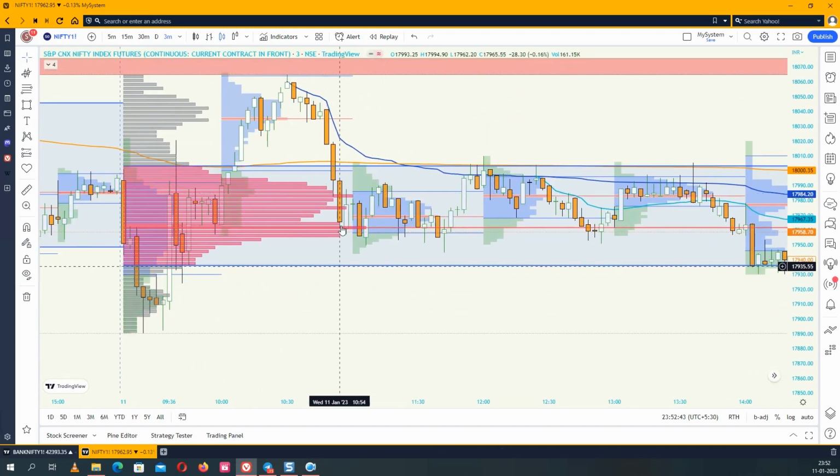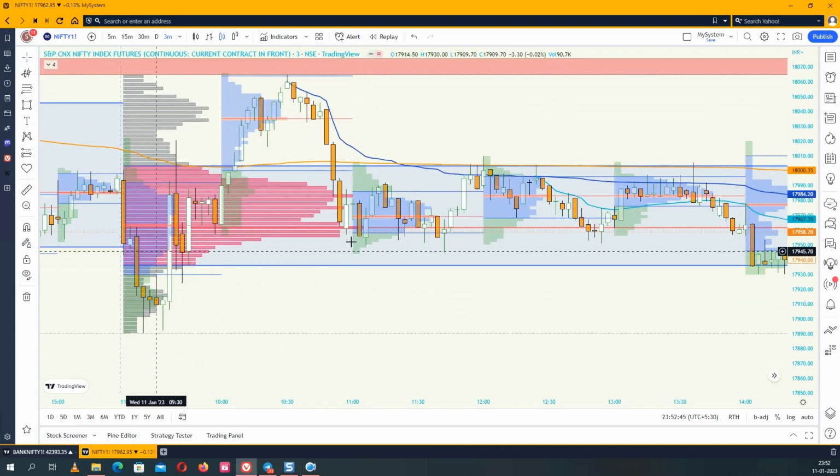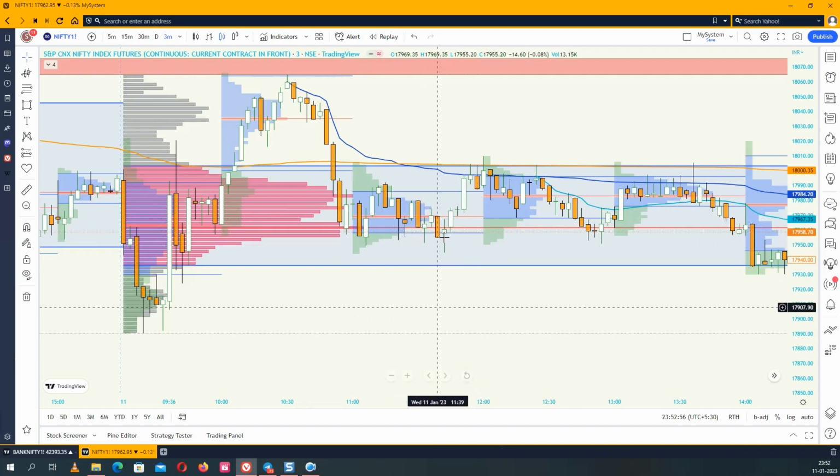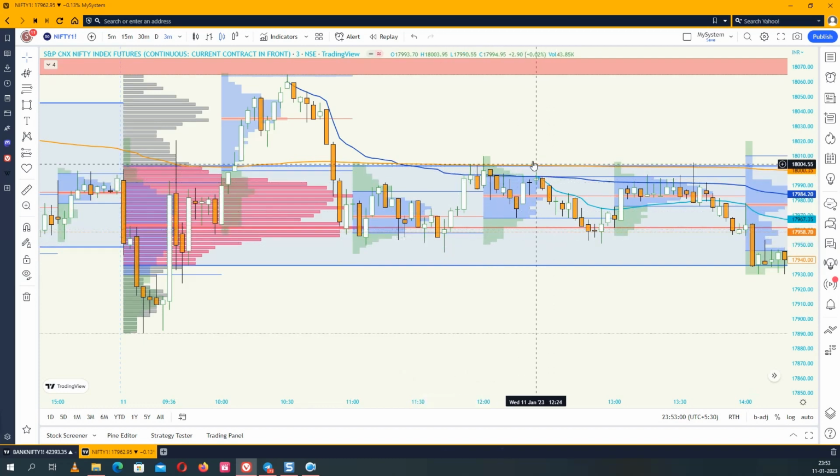So what happened after hitting that value area low, the market again started to accept here and formed a nice balance profile. So I understood that the market may not go down further, and there might be some kind of whipsaw, or another up move till that zone, or till the day high as well.